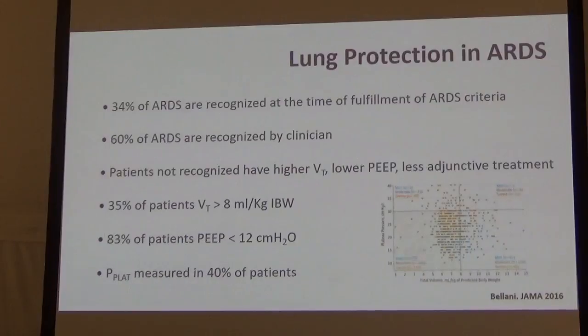And the problem is that, of course, patients that are not recognized are not treated as such, meaning they are managed with higher tidal volume, lower PEEP, and they receive less adjunctive therapies, such as prone position or myorelaxant.